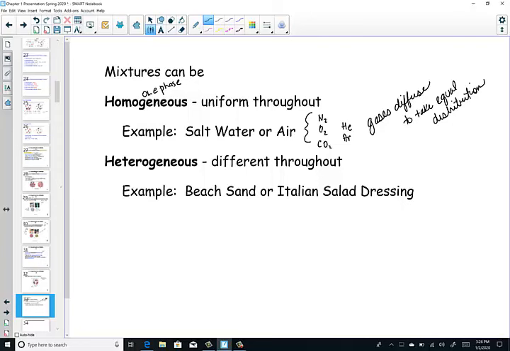If it's pure water or salt water, I can't tell that it's there, as it has one phase. Whereas heterogeneous has two or more phases, things that I see throughout that mixture. So each retains its own identity. I can clearly see different colored speckles of sand. Perhaps if it's beach sand, it might even have crushed shell, pieces of twigs, seaweed, and so forth. So lots of different things there.